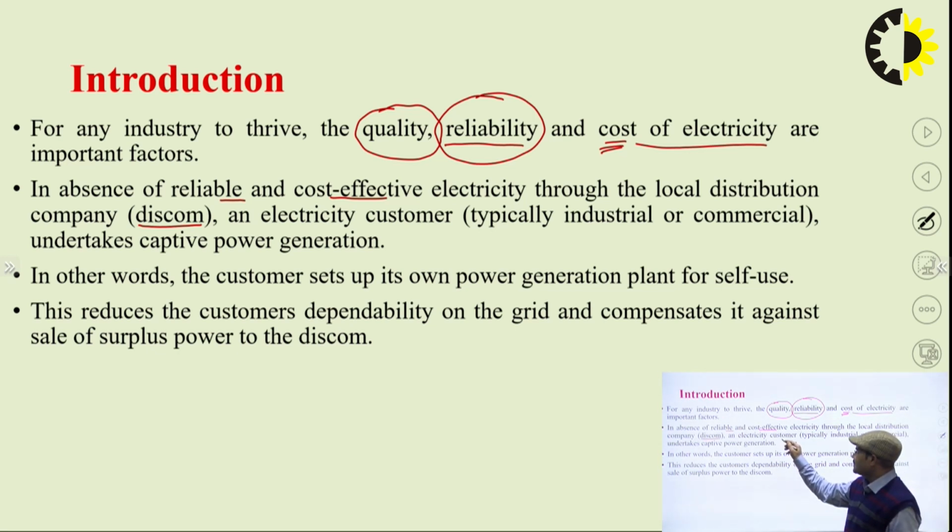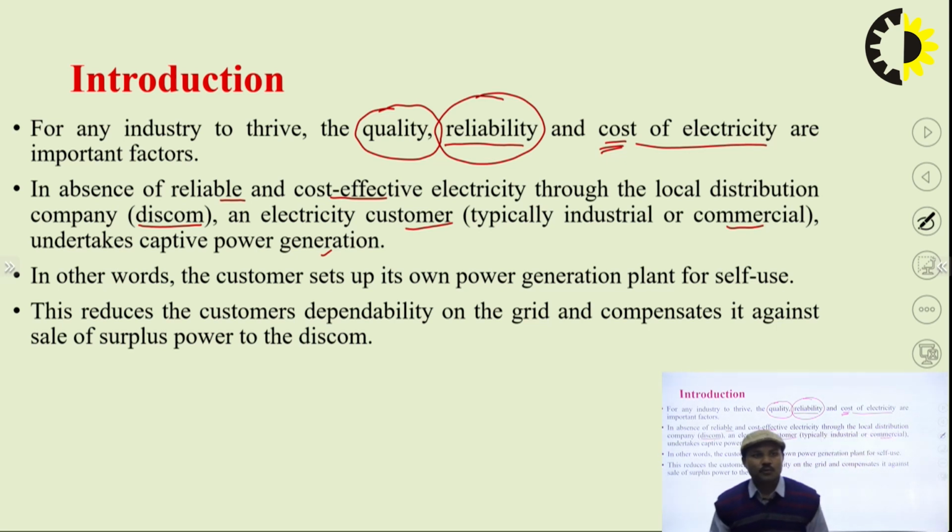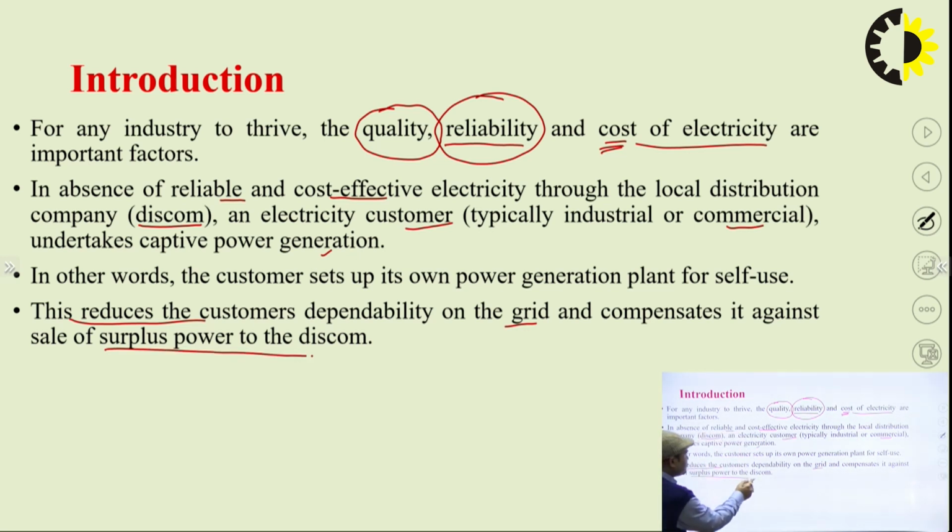So, an electricity customer, typically industrial or commercial, undertakes captive power generation. In other words, the customer sets up its own power generation plant for self use, and this reduces the customer's dependability on grid and compensates it against sale of surplus power to the DISCOM.